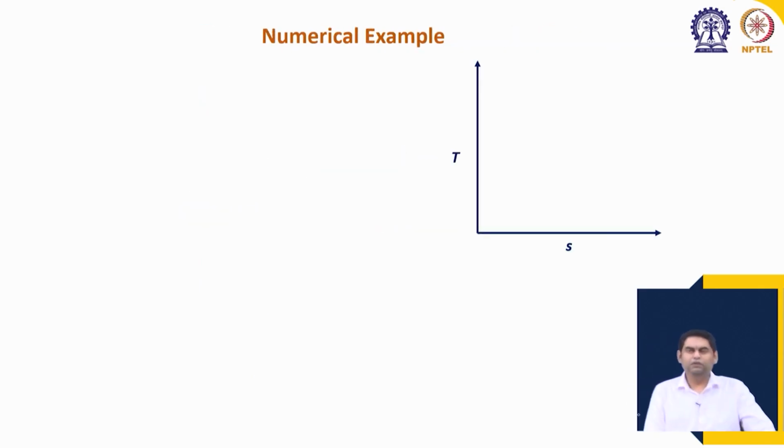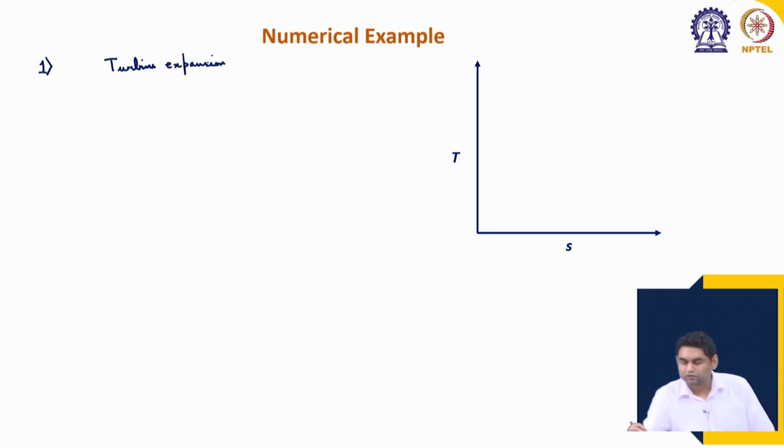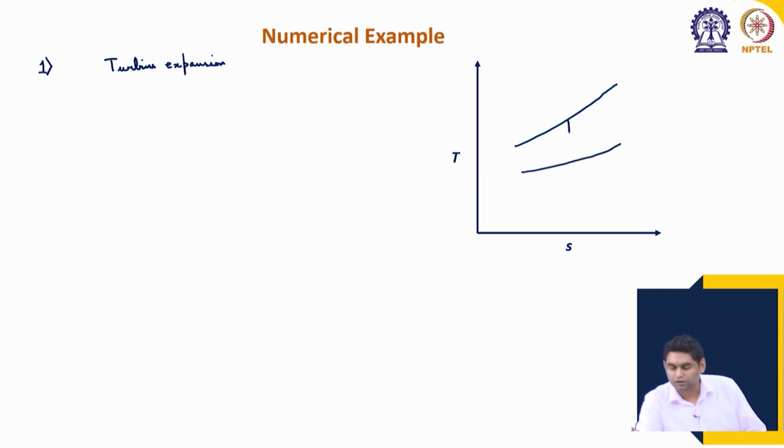Okay. Now, let us take a look at a couple of numerical examples. Let us say example 1. We have an expansion process, a turbine expansion process, going from 3 to 4.